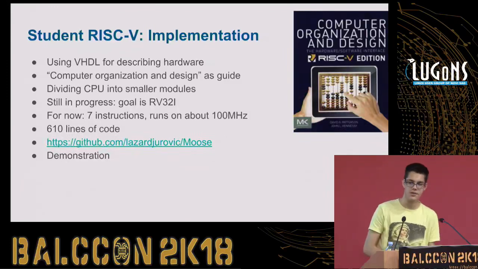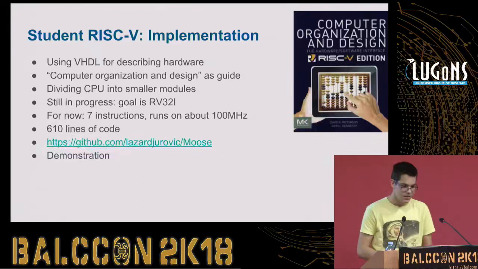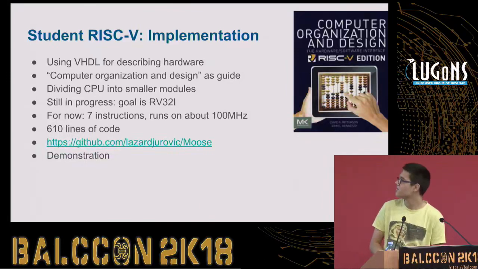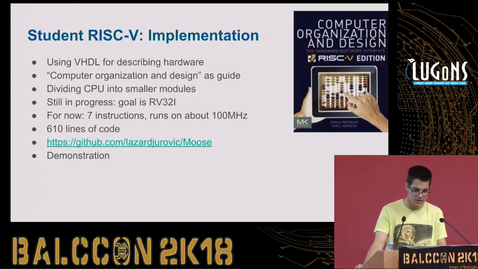For now it runs at 100 megahertz. Also, the project is very small itself. It's got like 600 lines of code, and it's meant to be easy to understand, for high school or maybe even elementary school students to understand.